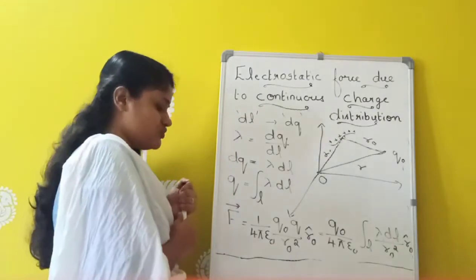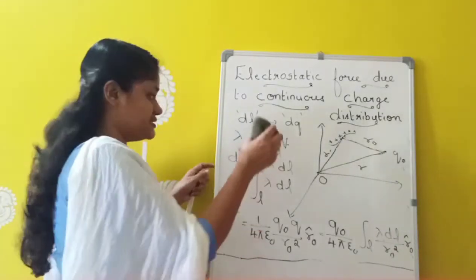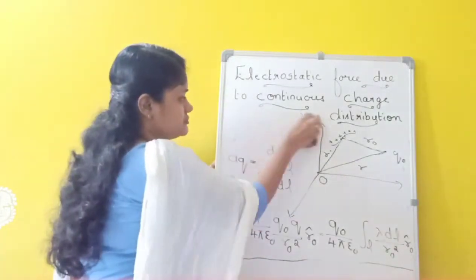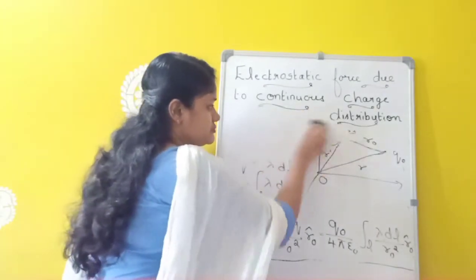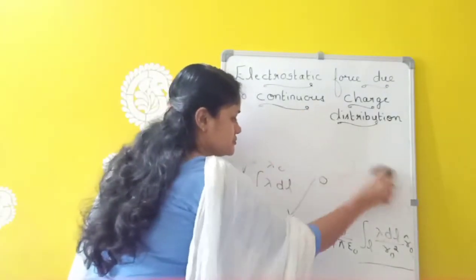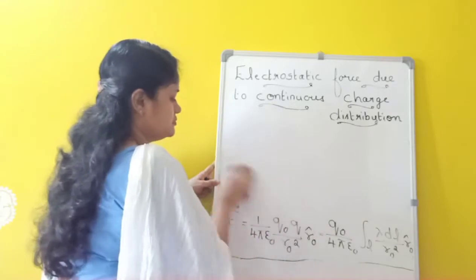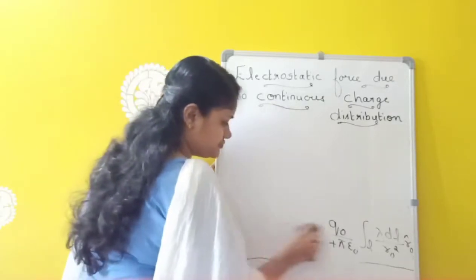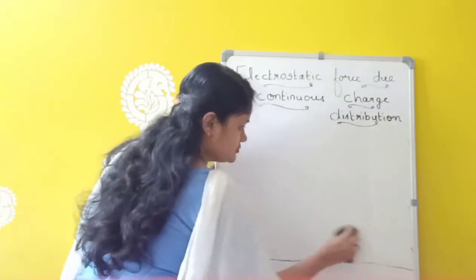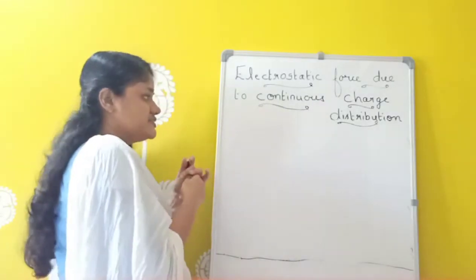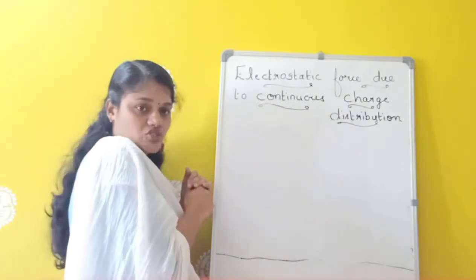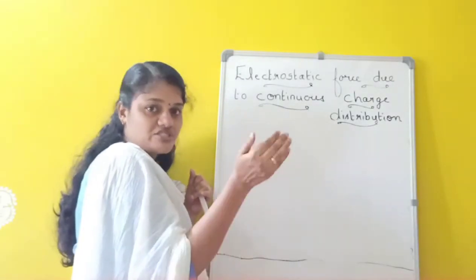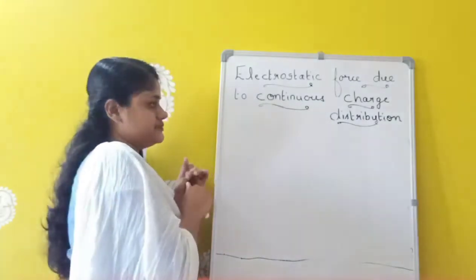Similarly, we have to find the other one, surface charge density. Next is surface charge distribution. So before going to surface charge distribution, we have to study what is surface charge density.